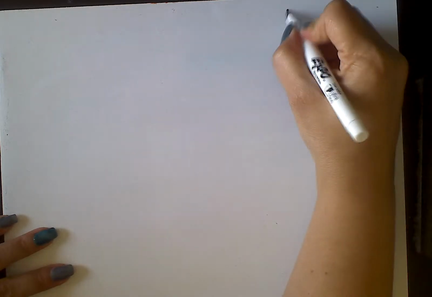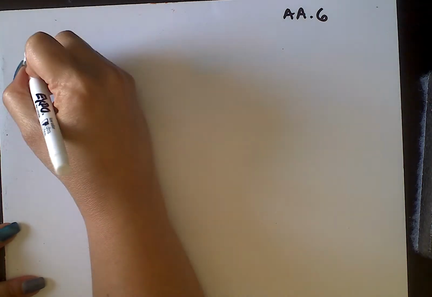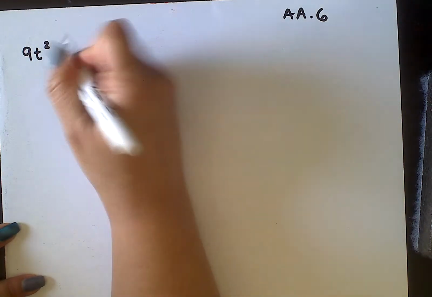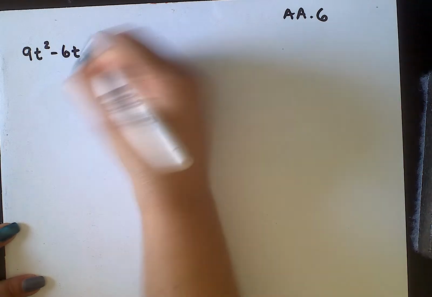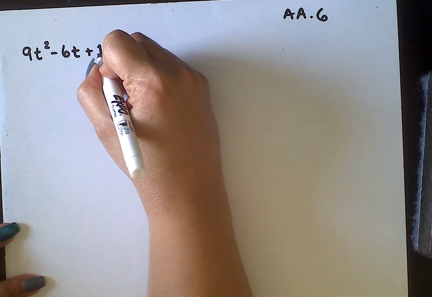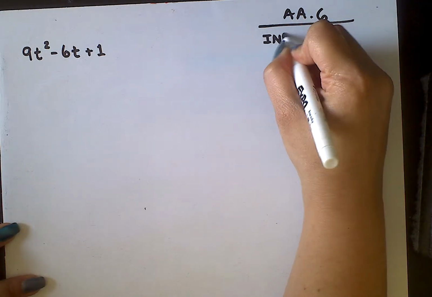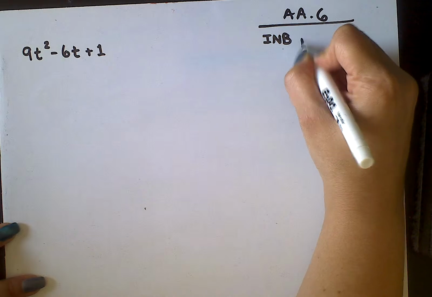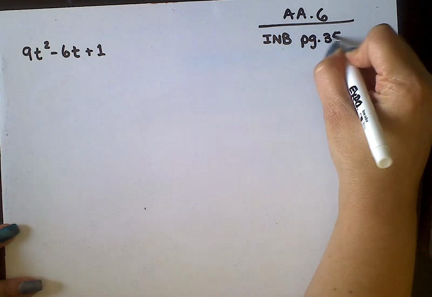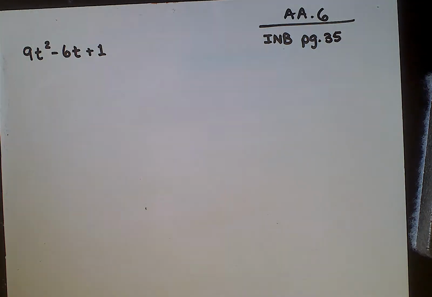So again, we are working on double A6, and the first problem that I have is 9t squared minus 6t plus 1. Now, what I would want to do is go to my interactive notebook and refer to page 35, which coincidentally I left in my classroom, at least the ones that we did this year.